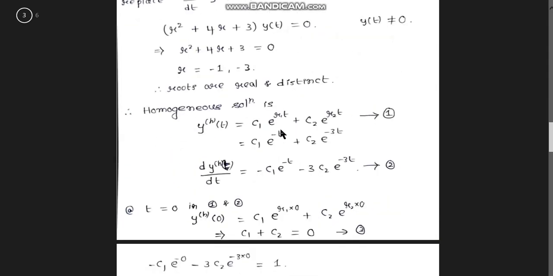So yh of t is c1 e power r1t plus c2 e power r2t. We know the values of r1 and r2 now. Replace them by minus 1 and minus 3, as we got them as our roots.